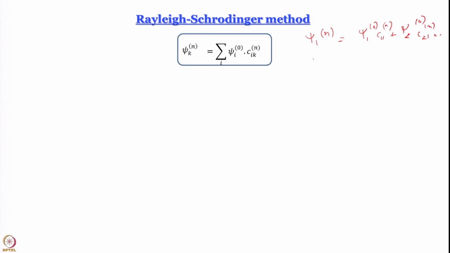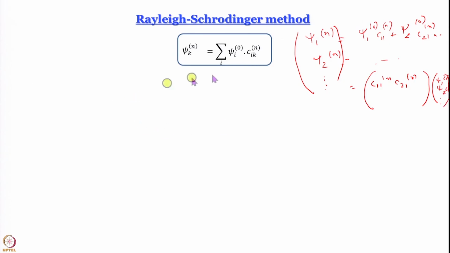I can write something similar for psi 2 nth and I can go on. So, what do I get? On the left hand side I have the column of perturbed functions, and on the right hand side I can write a square matrix with C11 nth, C21 nth, and so on, multiplying psi 1 0th, psi 2 0th and so on. I can write it as a matrix equation.